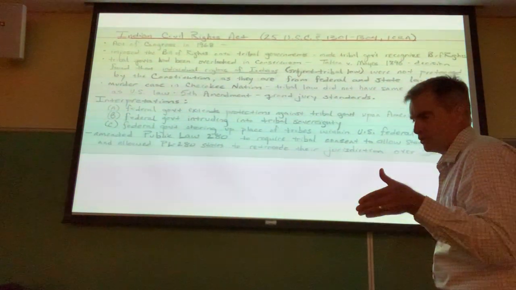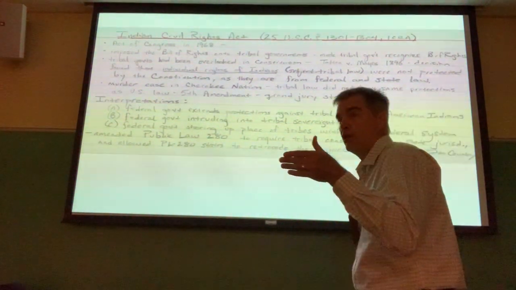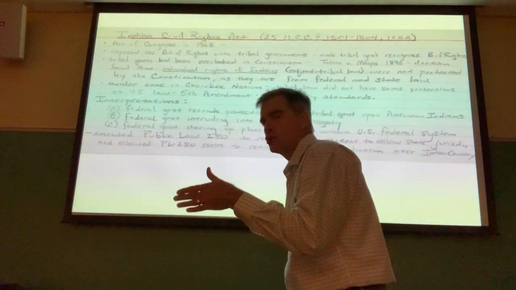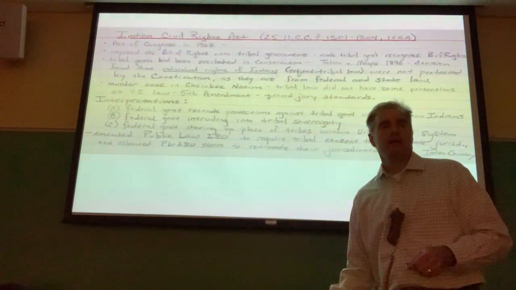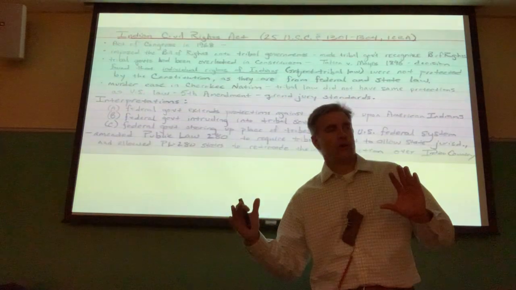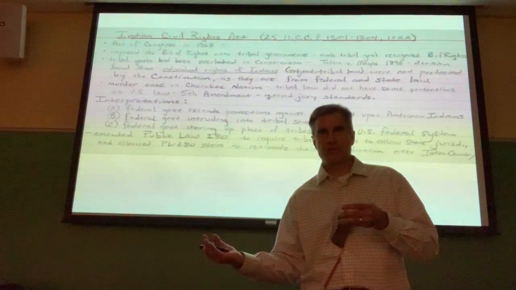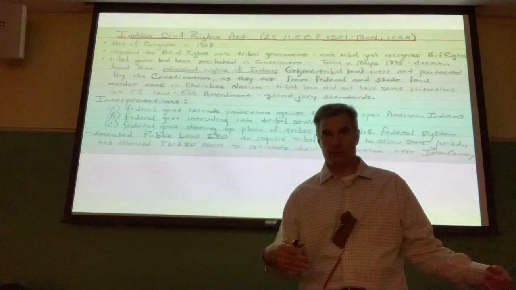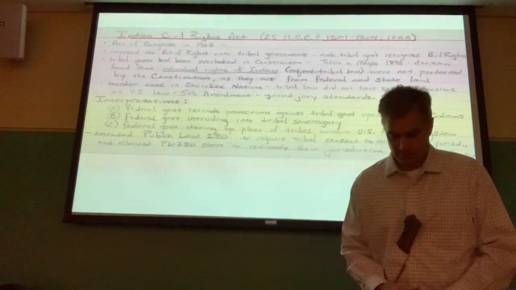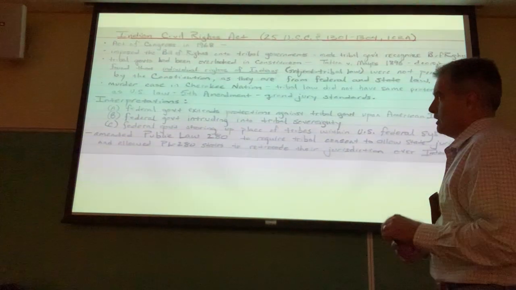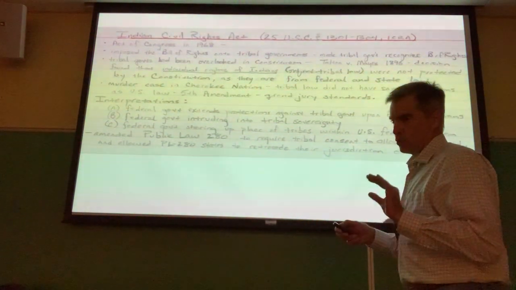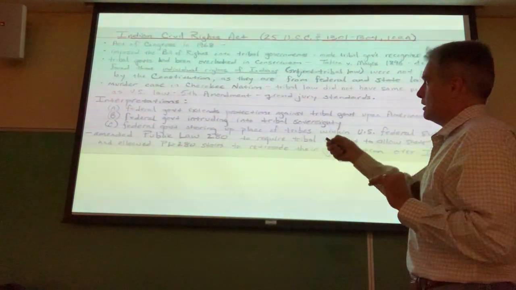The Indian Civil Rights Act was a law to affect Indian tribal governments. Indian tribal governments were required to recognize all of the rights that American citizens have under the Bill of Rights. And it was primarily targeted toward a few problems.